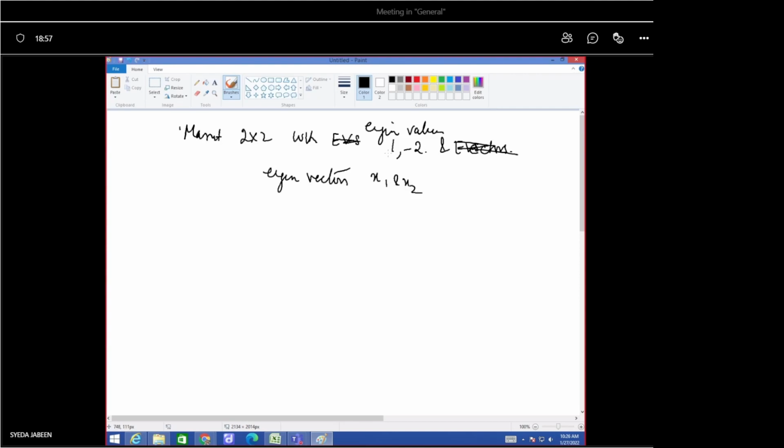So for lambda 1 we have the eigenvector x1, for lambda 2 we have the eigenvector x2. Then what will be the eigenvalues and eigenvectors of this equation?